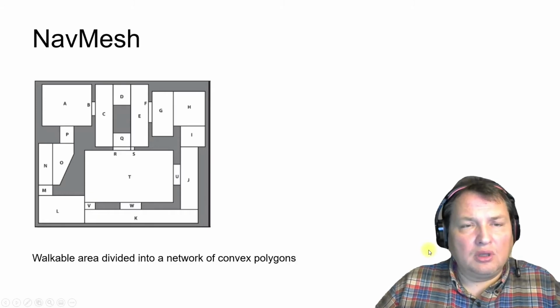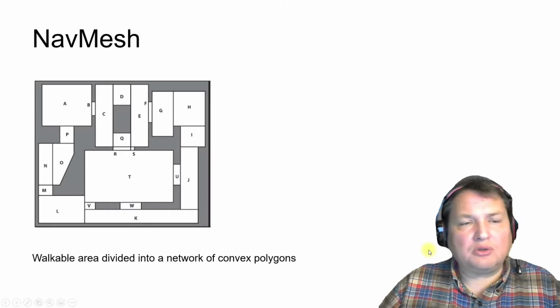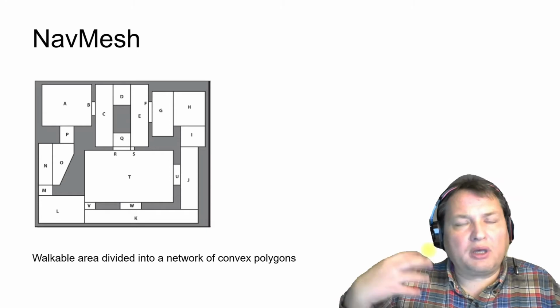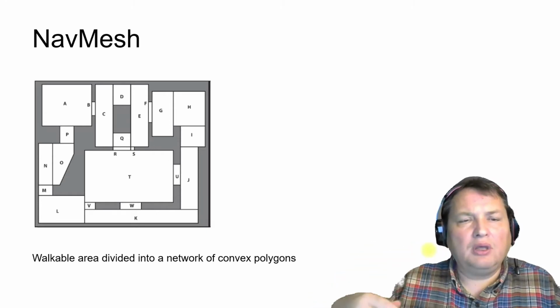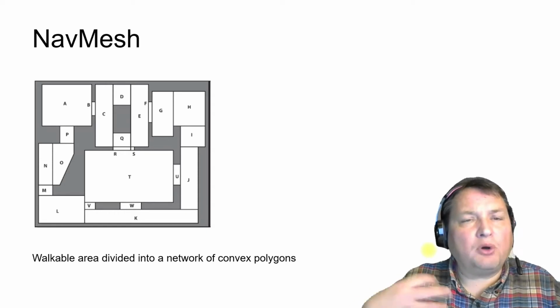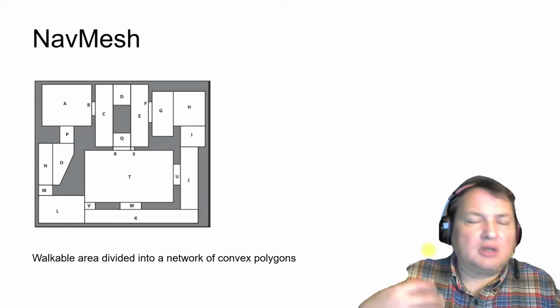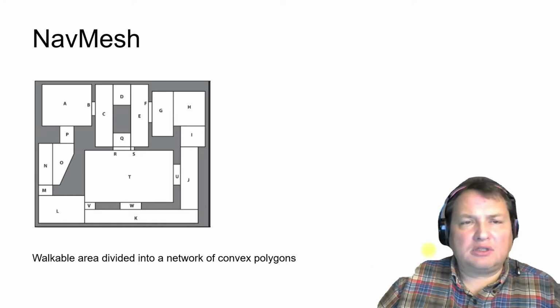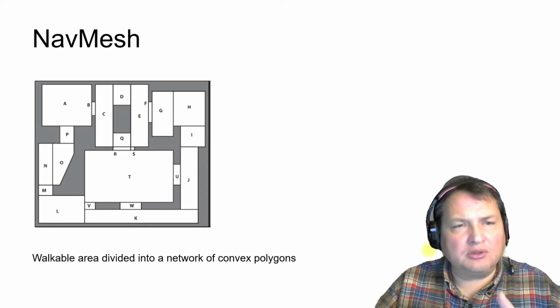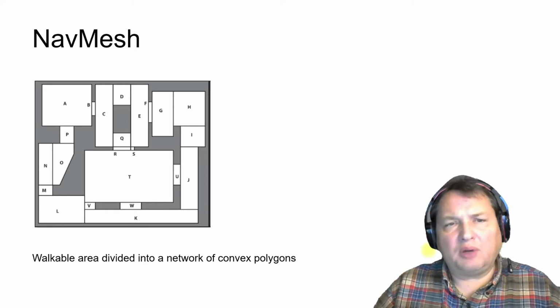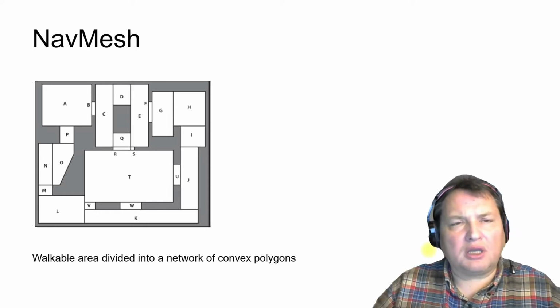Therefore, a reasonably easy solution is that the entire walkable area, so wherever you can walk within your map, can be divided into a network of convex polygons. The idea behind it is that it's much easier to define such polygons than to think about all those nodes and so on.